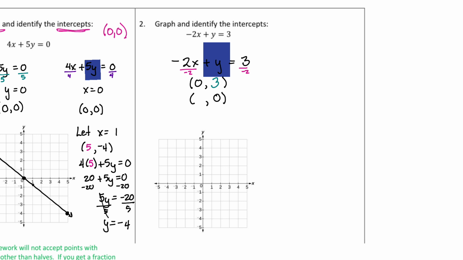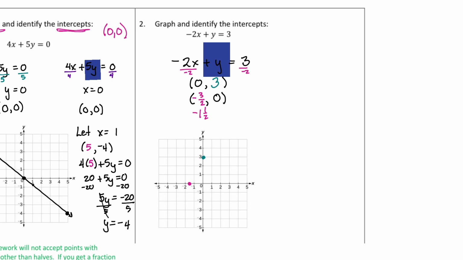So this gives you -3/2. And you can do that pink part in your head. Okay, -3/2 is -1/2, so it's going to be fine. It's halves. All right, so the teal one, 0, 3, is right there. The pink one, -1/2, 0, is right there.